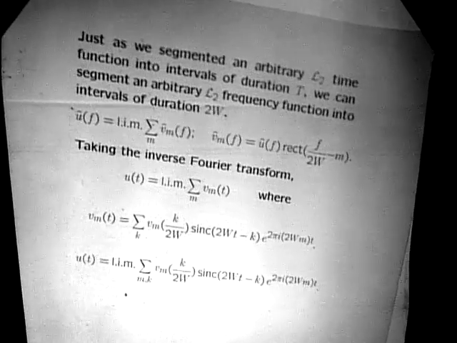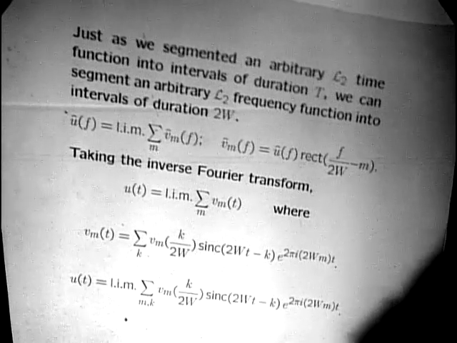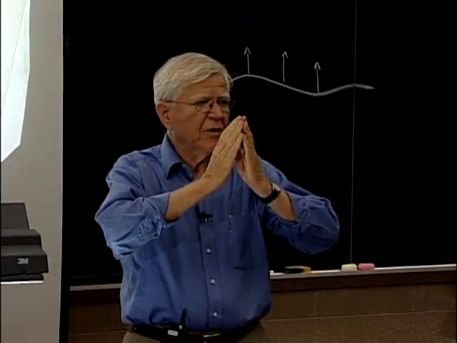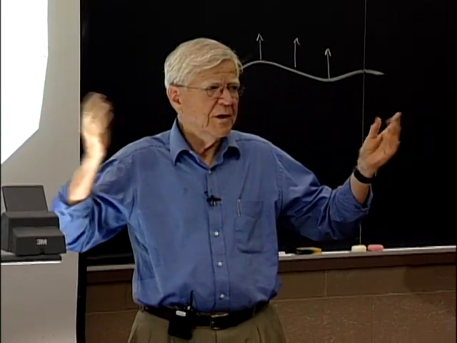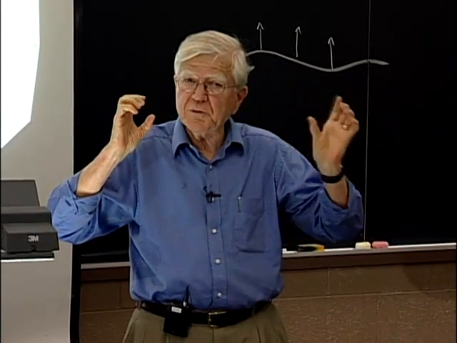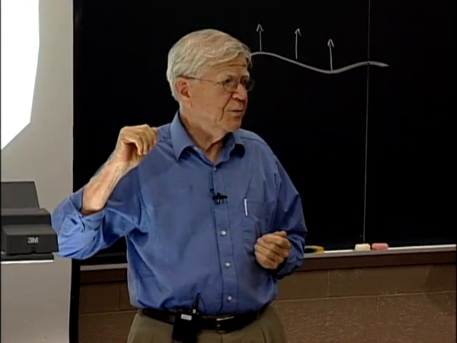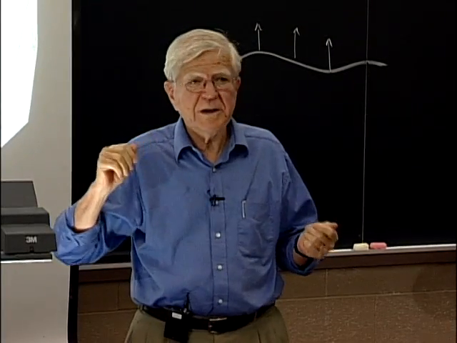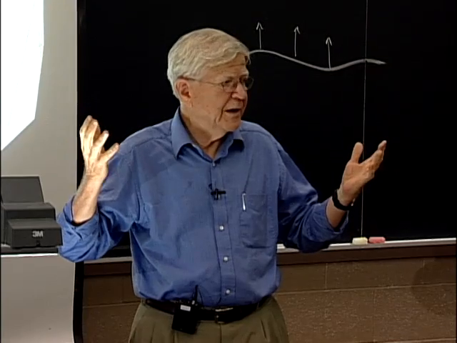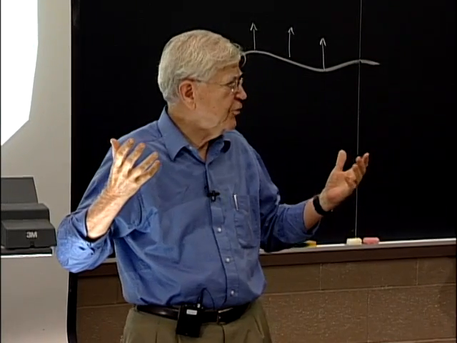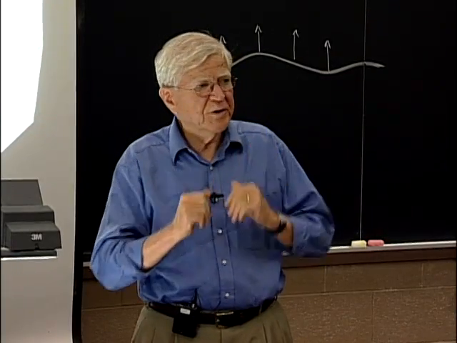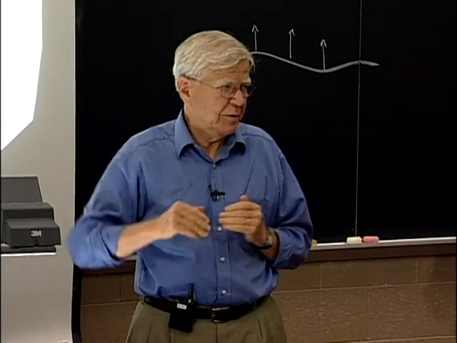Okay, so the thing we did when we were dealing with the Fourier series is we took an arbitrary function of time, we segmented it into time intervals, and then we expanded each one of those time intervals into a Fourier series. By doing that, we could take an arbitrary L2 function and represent it as an orthogonal expansion over this double sum of time shifts and frequency terms.